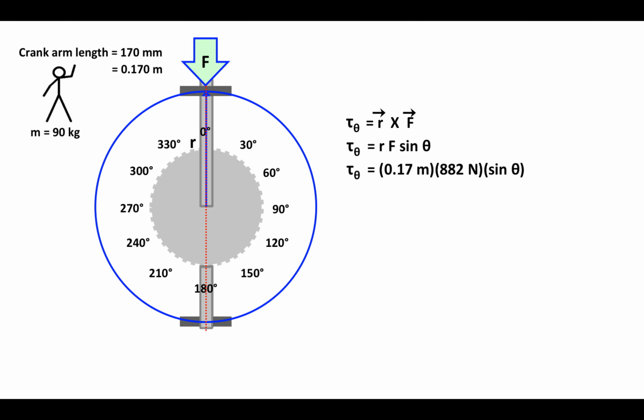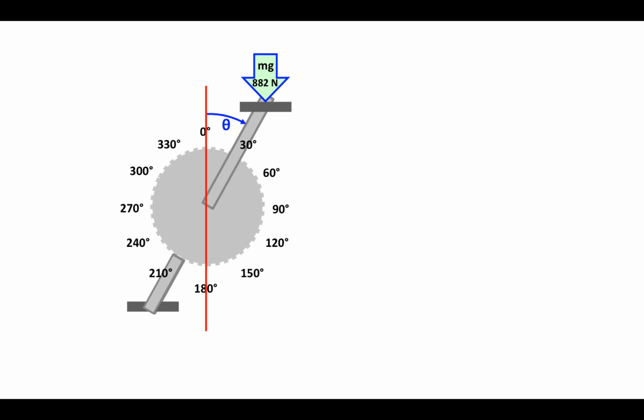So for any angle theta, the torque is 0.170 meters times 882 newtons times the sine of theta. As an example, here we see the angle theta, and the torque at angle theta is equal to 0.170 meters times 882 newtons times the sine of theta.